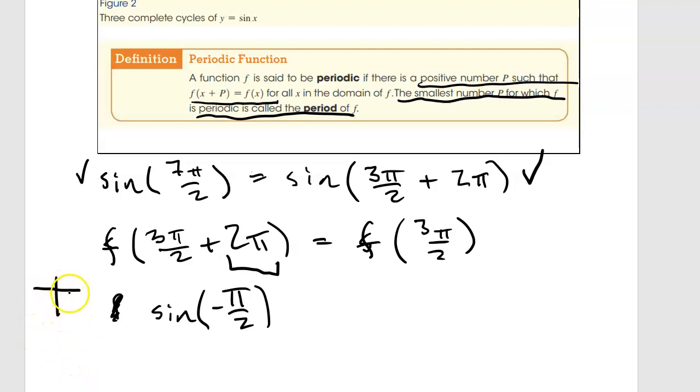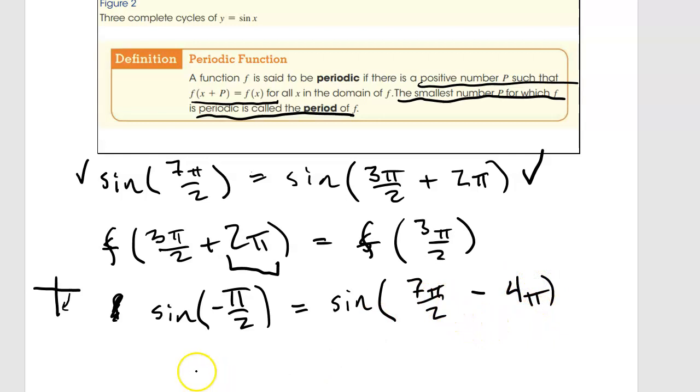And this is, in fact, where 3 pi over 2 is. So it is coterminal with 3 pi over 2. And sine of negative pi over 2 is the same as sine of, what is it, 7 pi over 2 minus 4 pi.